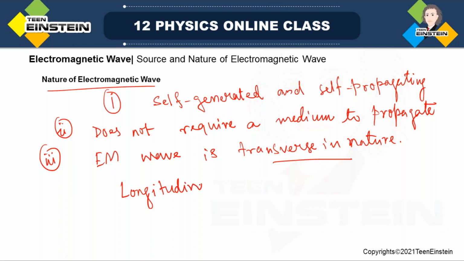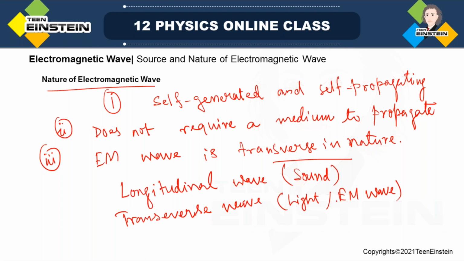So what do you mean by transverse in nature? In general, there are longitudinal and transverse waves. An EM wave is transverse, or even you can produce a transverse wave in a string also.